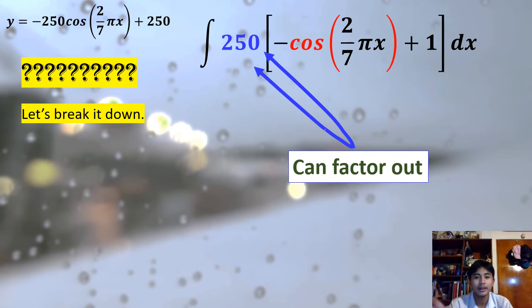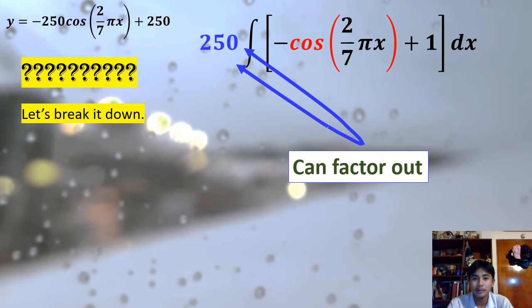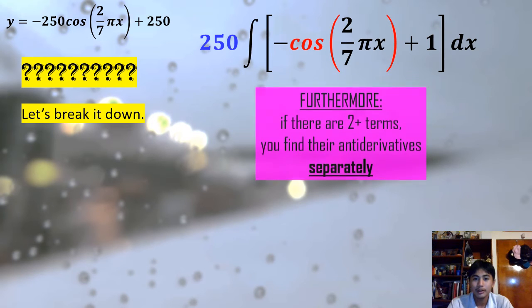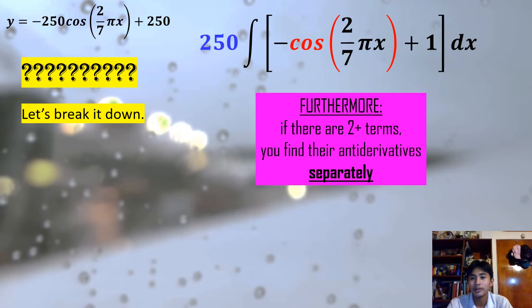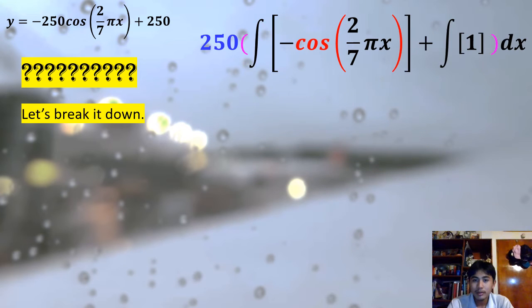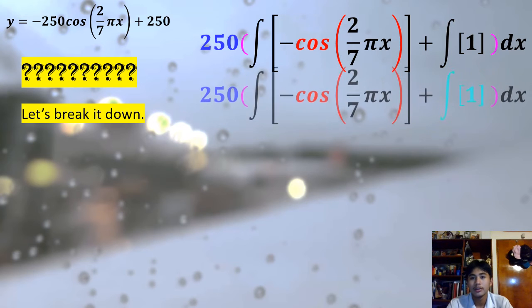You only do it to the terms with x in it when you derive. Similar. So that's pretty important. And furthermore, if there are two plus terms, which we have two terms, you can find the antiderivatives of the terms separately, which is pretty important. So we can find the antiderivative of the cosine and the antiderivative of 1. So let's go ahead and do that now.